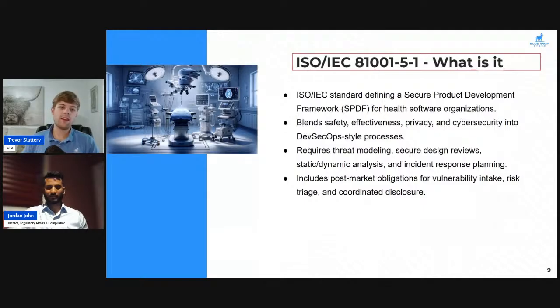How are we handling these more targeted tasks such as static testing, and how are we handling some of these post-market risks? So it's a bit more of a broad umbrella for security within medical software while still diving in deep into some of these specific activities. I think there's a very big intersection between IEC 62304 and this standard, but there's enough distinction where it's important to evaluate both when we're looking at developing the product.